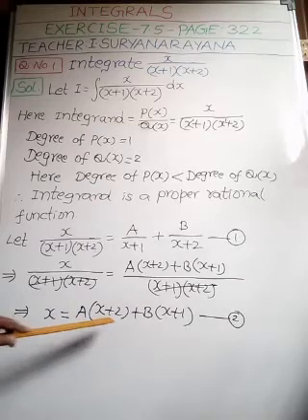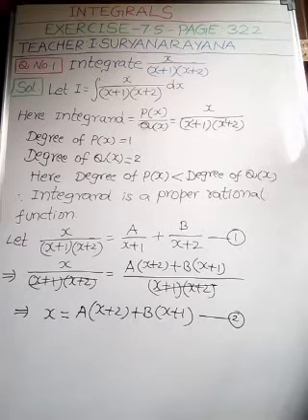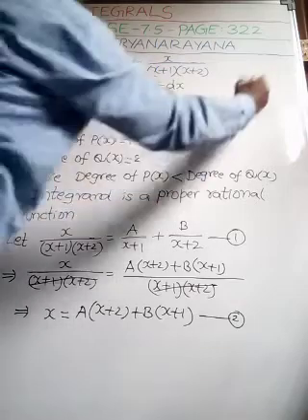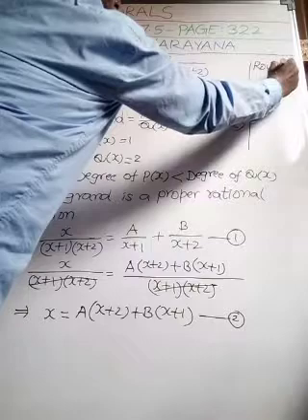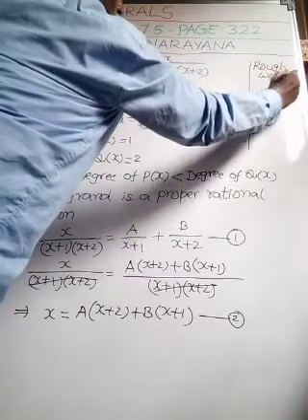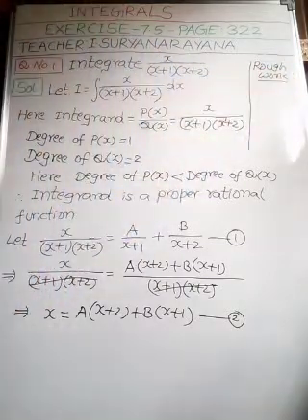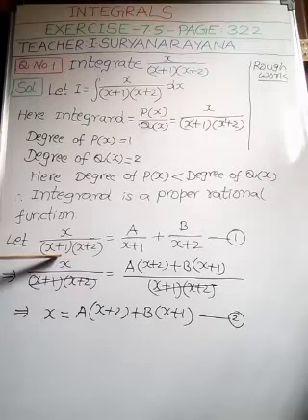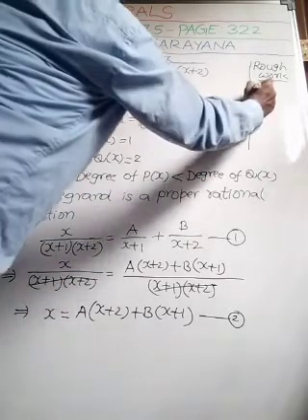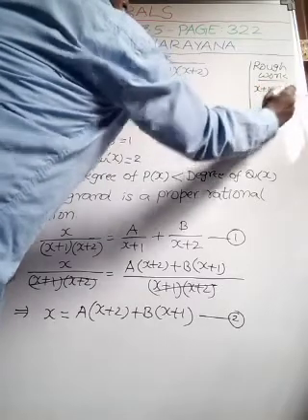What is the linear factor here? In rough work, take the first linear factor. What is the first linear factor? X plus 1. Take x plus 1 is equal to 0.